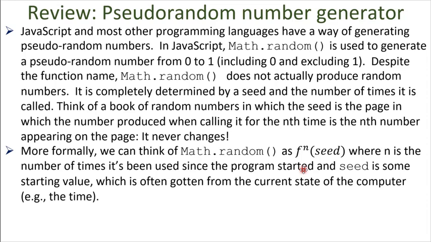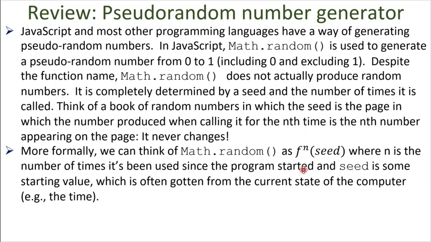The next time you call it, it's like doing f squared of seed, which is f of f of seed. So if f of seed was 0.37, then f squared of seed would be f of 0.37, which could be, say, 0.42. And then when you do f to the third of seed, it would be f of f squared of seed.